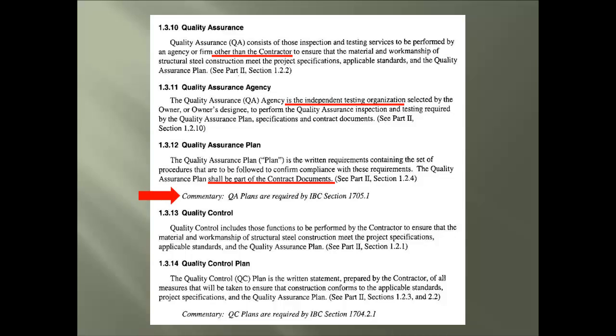And here we see the QA plan is required by the code. Next we see the QC definition, which is performed by the contractor. The QC plan must be prepared by the contractor, and once again the QC plan is also required by the code.